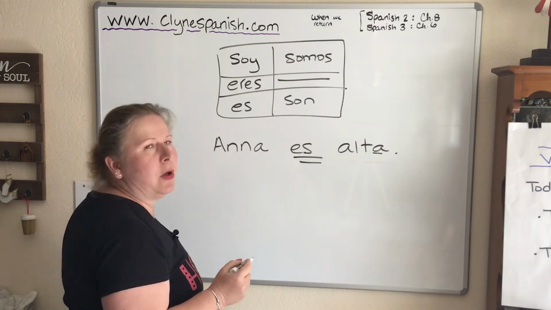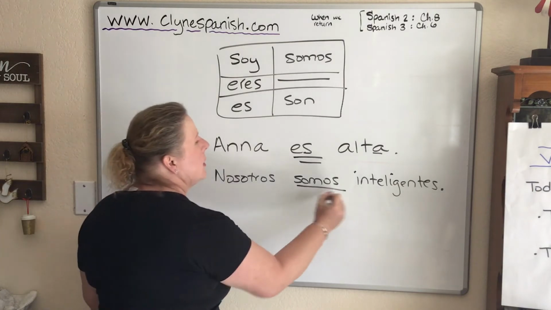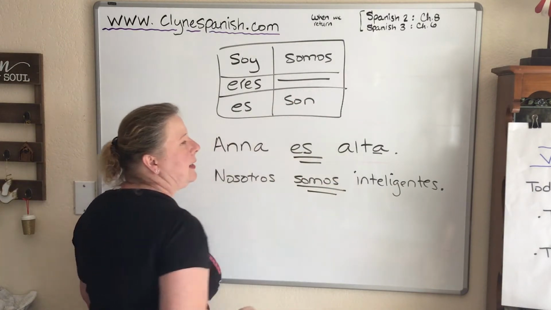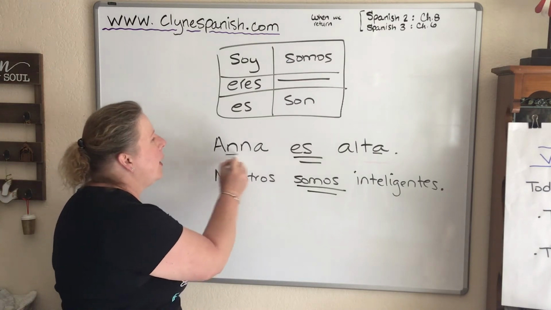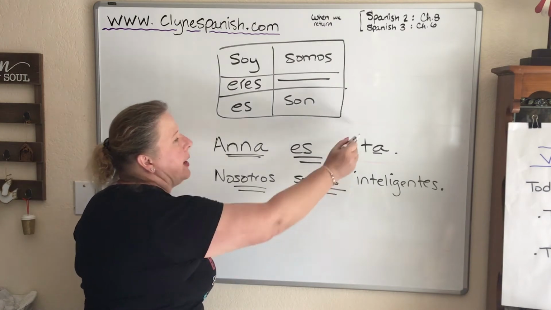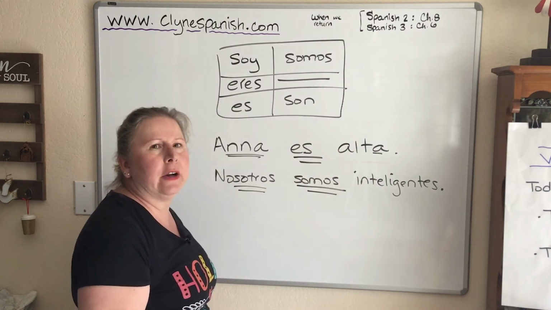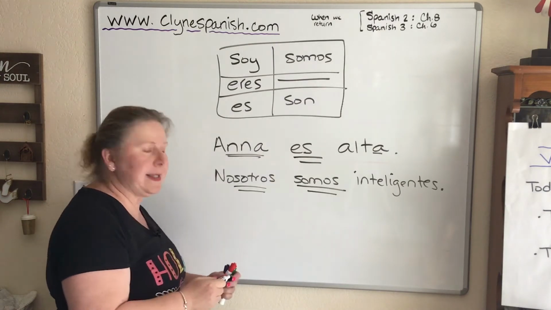Another example is nosotros somos inteligentes. All right. So again, you have your subject here, your verb, and then your adjective here. That's your basic sentence structure using the verb ser.